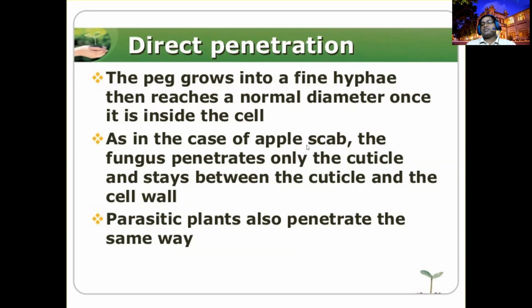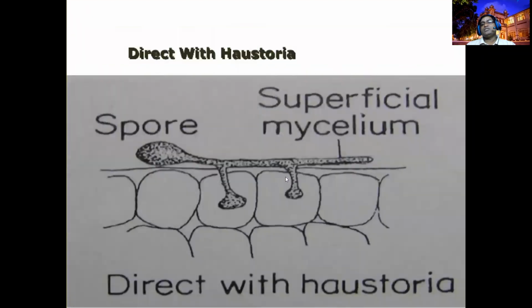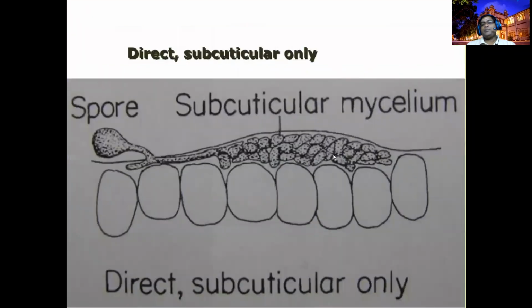In the case of apple scab, for example, some pathogens are examples, right? For apple scab, the fungus penetrates only the cuticle and stays between the cuticle and the cell wall. This is the structure here, apple scab. There is no further invasion here. This mycelium is produced in between the cells and the cell wall, so they are proliferating.